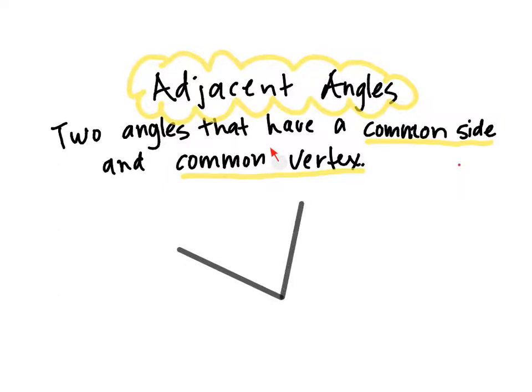Okay, there's one angle, and then if I add one more line, we would say that, let's name this. Okay, so we could say angle ABD is adjacent to, and I'm going to highlight this so you can see, angle DBC.